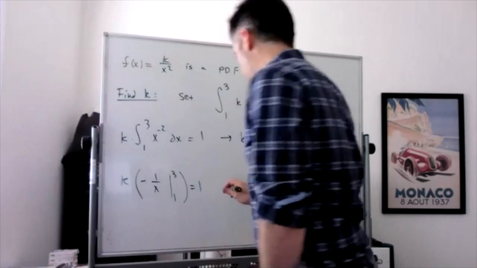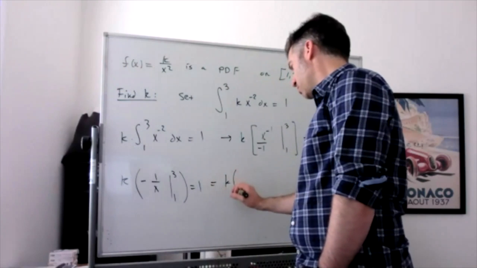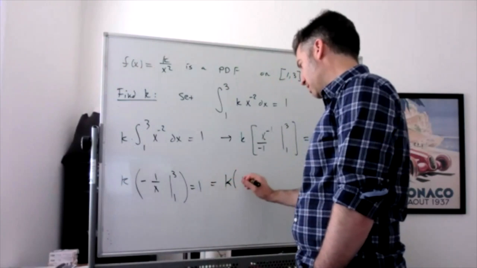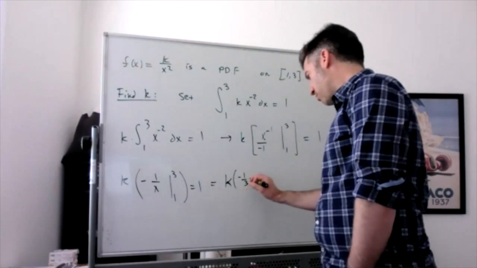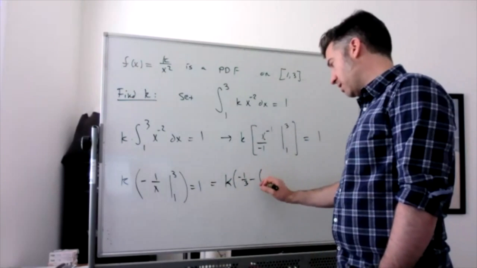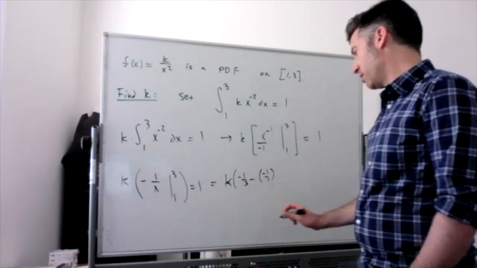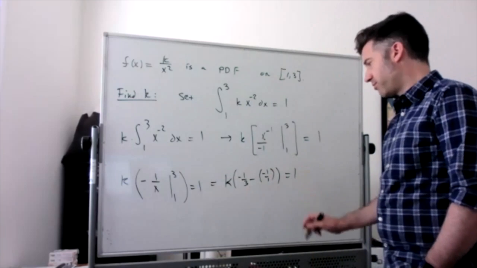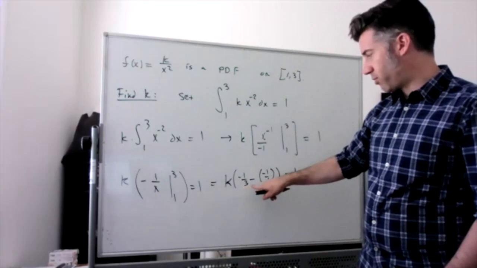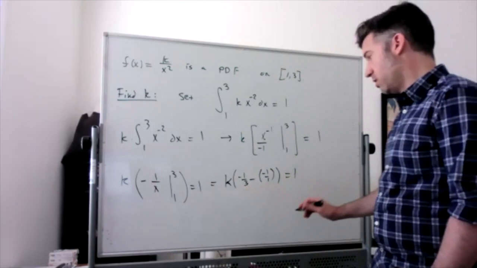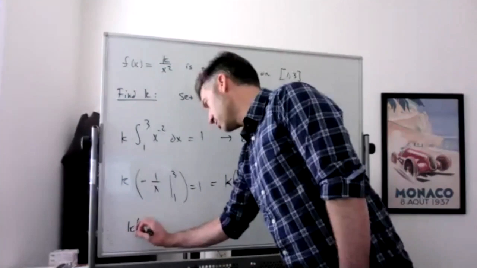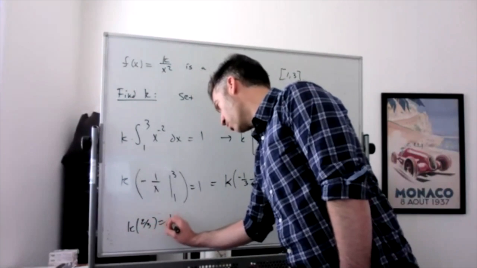So plugging in the 3, we get negative 1/3, minus plugging in the 1, we get negative 1 over 1. Negative 1/3 plus 1 is 2/3. So we have k times 2/3 equal to 1.